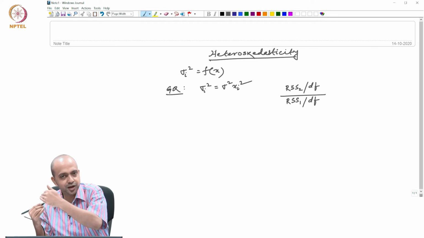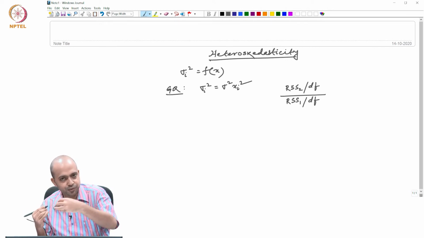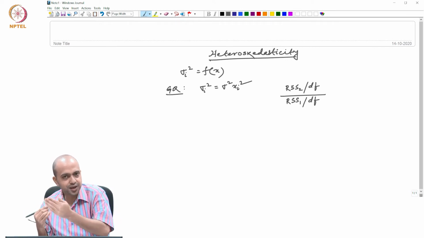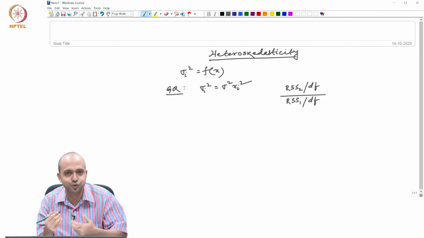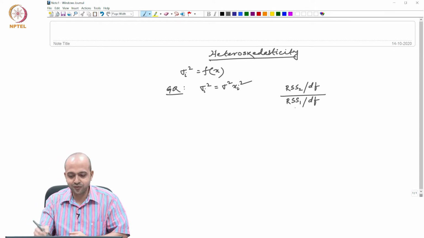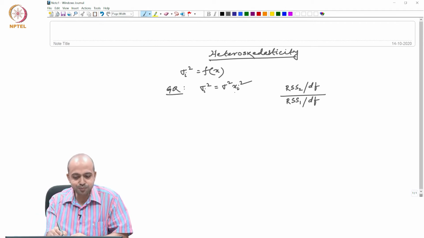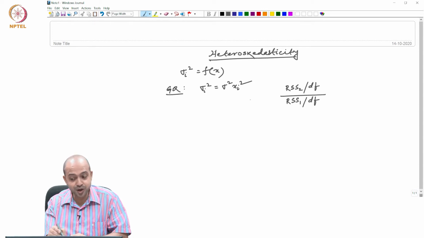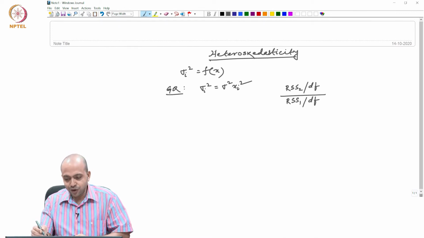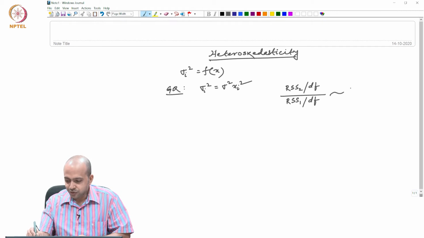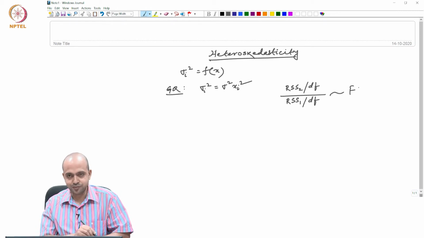You have arranged the x variables according to their magnitude, so the second sample consists of the larger values of x, and the first sample consists of the smaller values of x. Because of the assumption that sigma square i equals sigma square into xi square, RSS 2 should be quite higher than RSS 1.